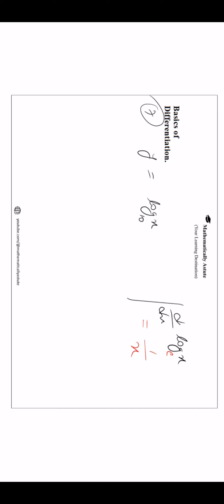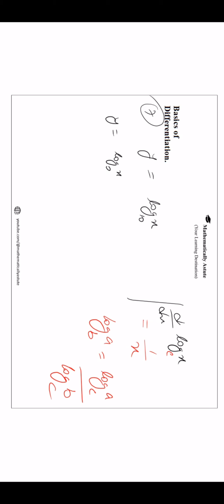Now as we know, the base is different, so at first we will use the property of log, which states log a to the base b is log a to the new base c divided by log b to the base c. So to solve this question, at first we will change the base to e.